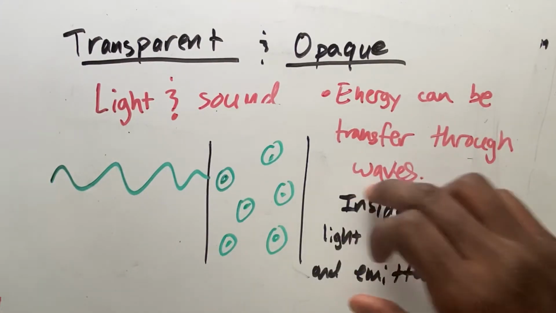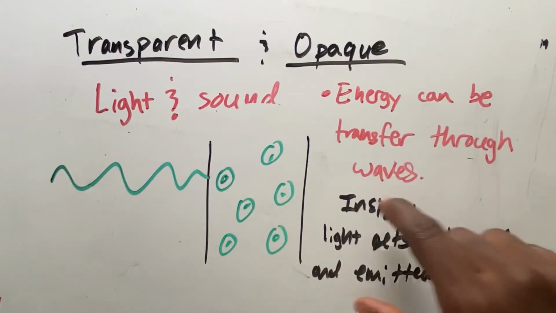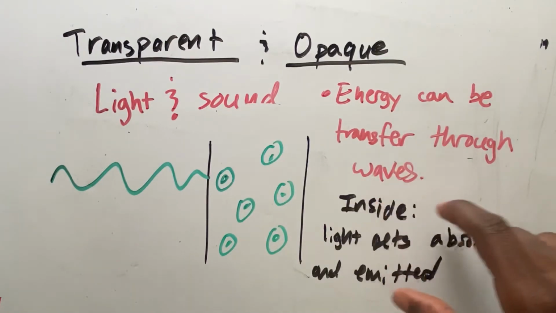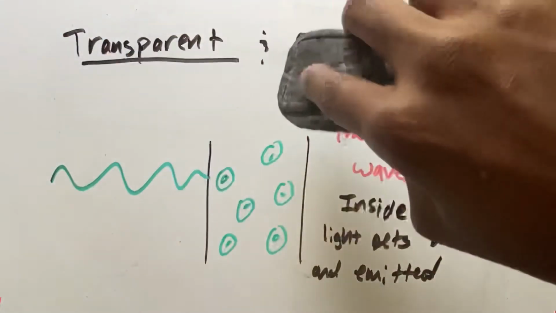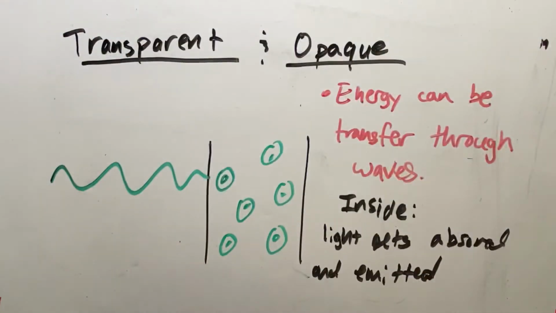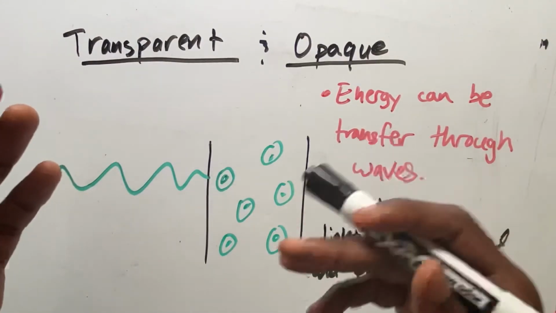So this is kind of what's happening inside of this material in terms of if we think of light as a particle. So I didn't mention this before, but light basically behaves like a particle and a wave.